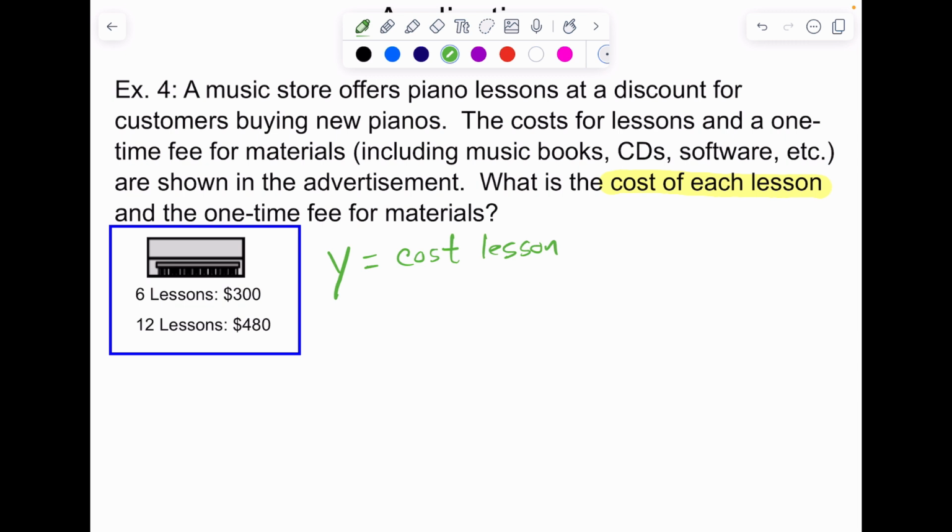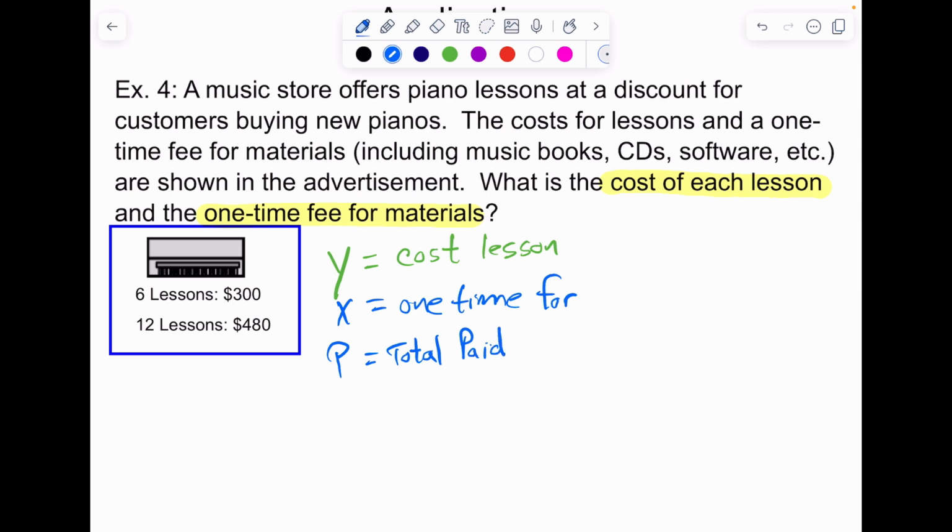And they're also looking for the one-time fee for materials. So I'm going to call that X, the one-time fee. And when you pay for this, you're going to pay a total of something. So we're going to call that P, total paid.